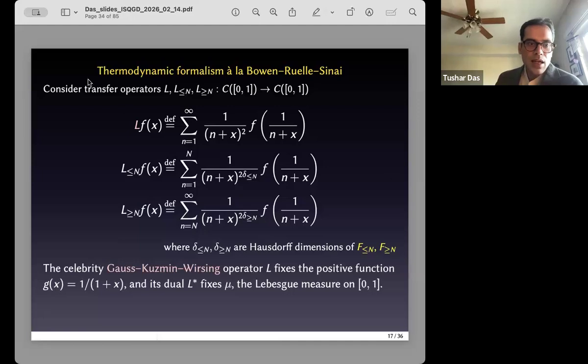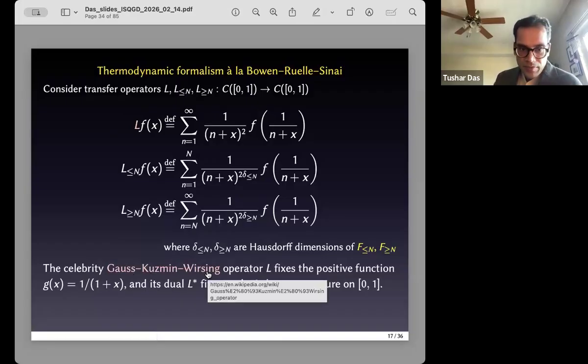Okay, so I call it a celebrity operator because it's been studied for over 100 years, and it is often known, before the thermodynamic formalism, as the Gauss-Kuzmin-Wirsing operator. It was studied long before the thermodynamic formalism was a thing in mathematics. So this operator fixes this positive function, g of x equals 1 over 1 plus x.